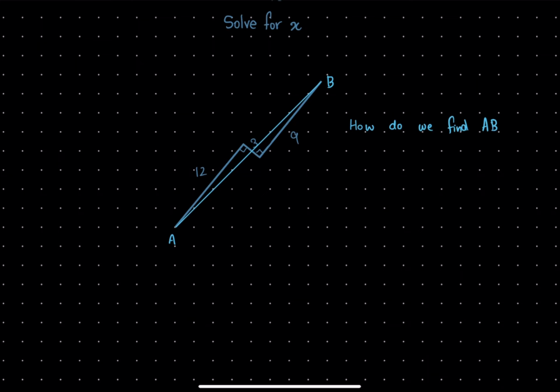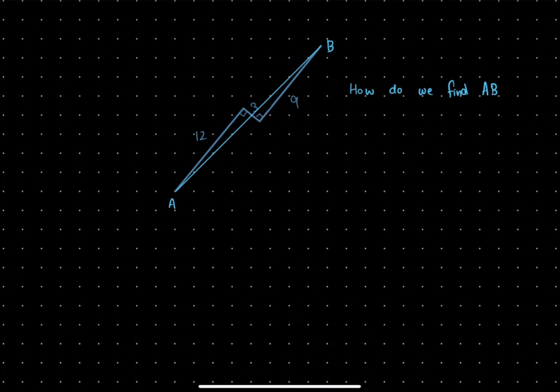Now, if we move around our line segments over here, then we can find that over here, right up until here, we have our line segment, which is 12 units long. And over here, we have our one that is 9 units long and 3 units long.